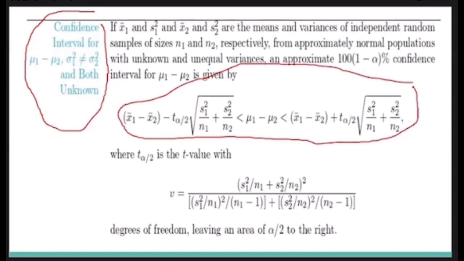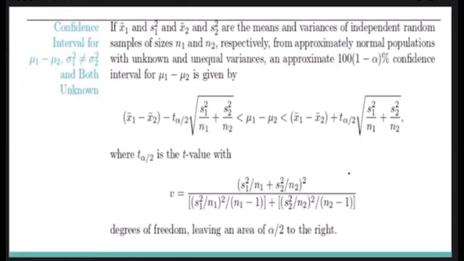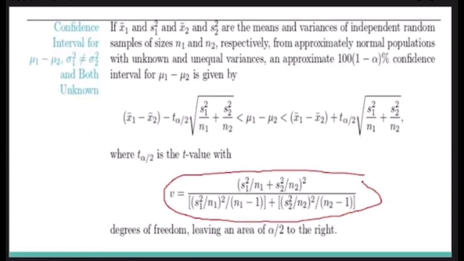But I need to pay attention. The way to get the degrees of freedom here is highly complicated. Let me show you. If I want to get the degrees of freedom for this scenario, it's actually this. That is the formula to get the degrees of freedom, but do not be scared.